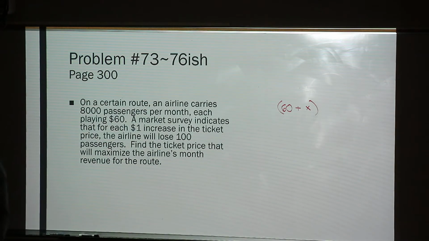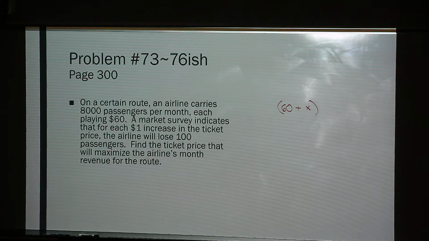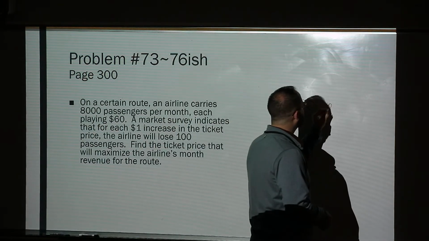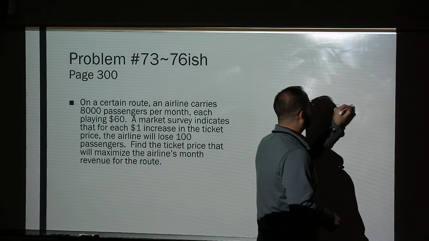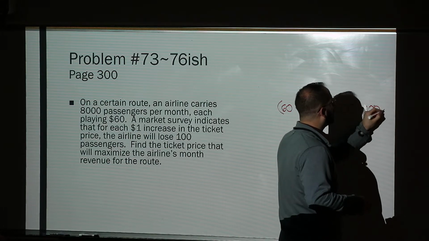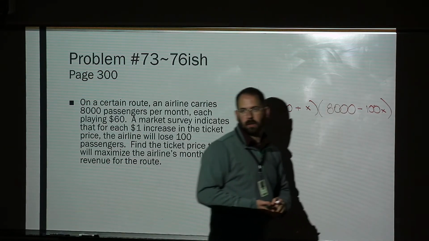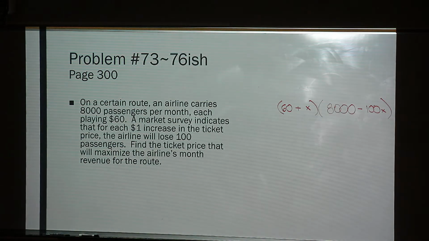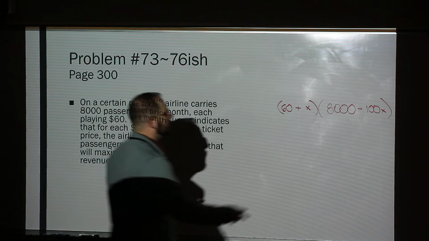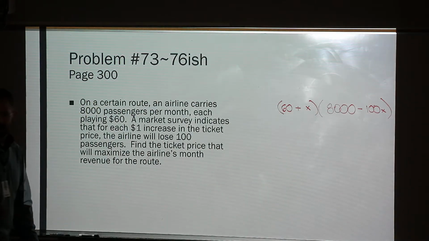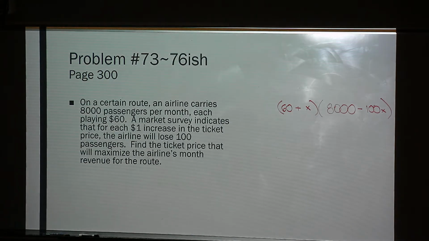So if I go 3, that's a $3 increase. For every x I increase by, I'll lose 100 passengers, so negative 100x passengers. If I go $3, that's 300 people coming off the plane. Does that make sense how I set that up? For every dollar increased from 60.